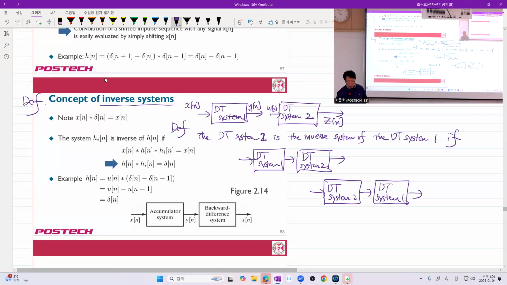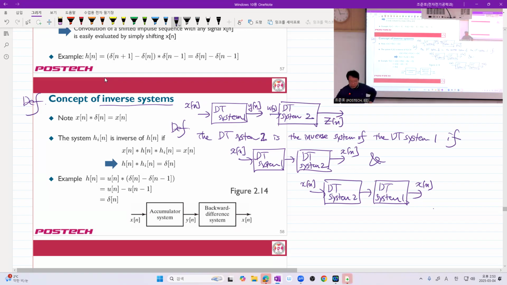Whichever one you choose, the output of the overall system equals the input, for every possible input X. And you may wonder, if this holds, the other must hold, but not always. So be careful. In order to state the definition, you need both of the interconnections.